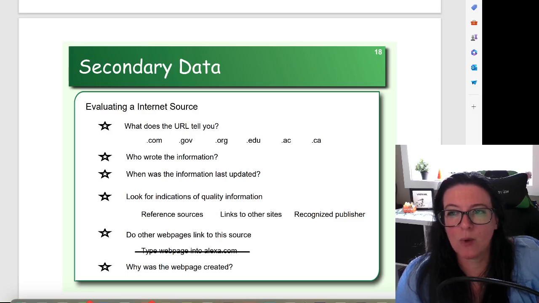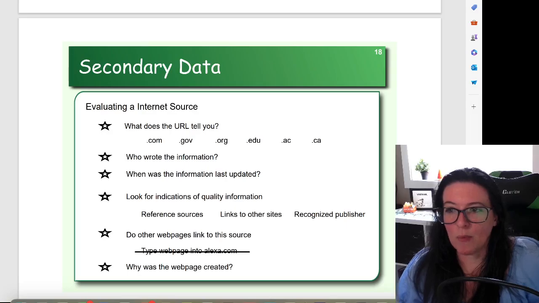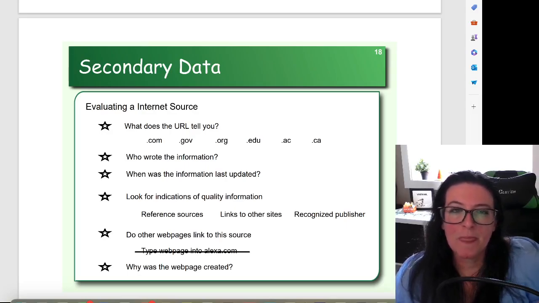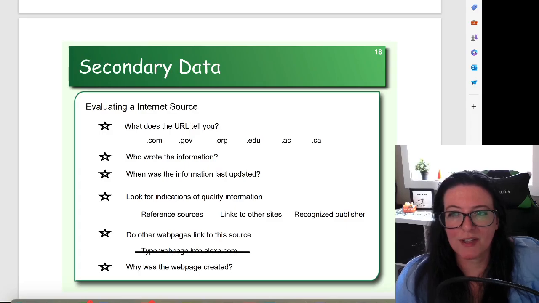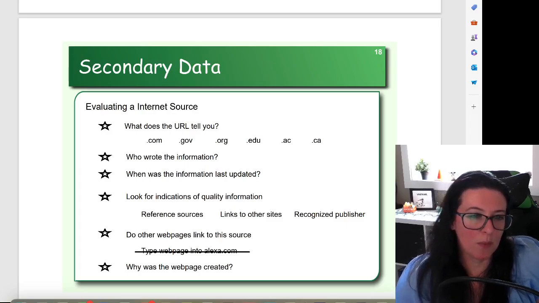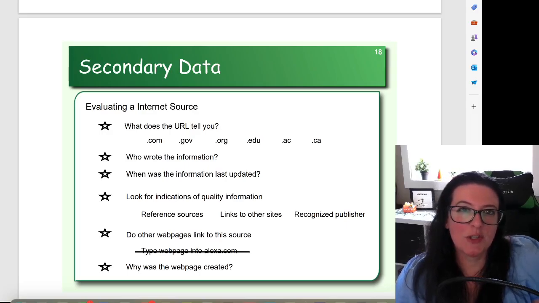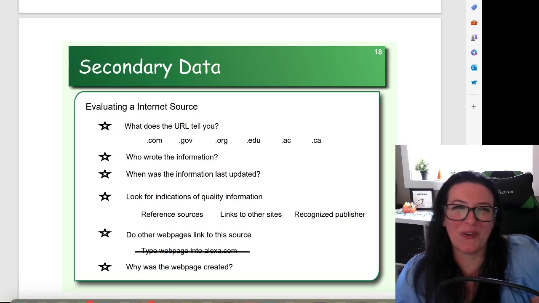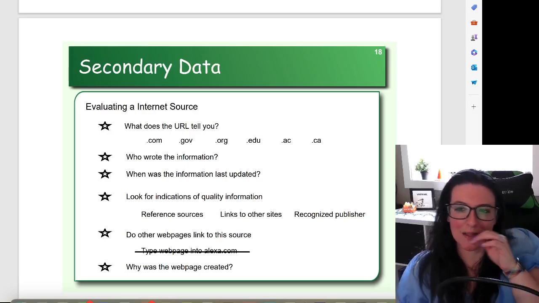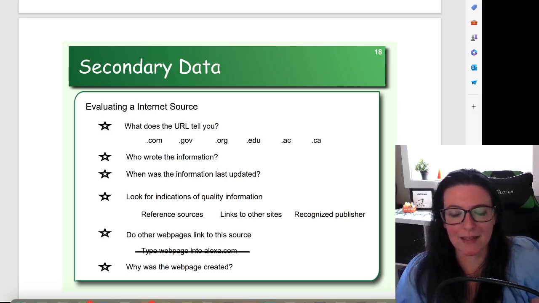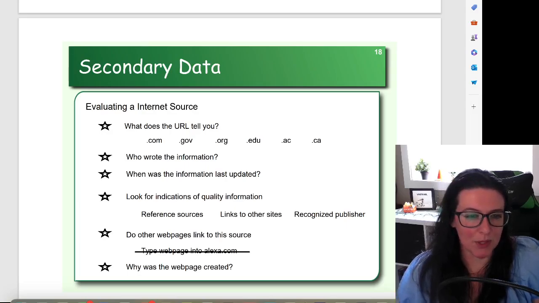So typically ones that are ending in .edu tell us that it's an educational source, and we would tend to trust that over a more for-profit institution. If it is a non-profit, it often ends in .org. A for-profit often ends in .com. Now, that's changed a bit because you can now choose your own extensions for that, but for the most part, the government and academic ones have been a bit protected.